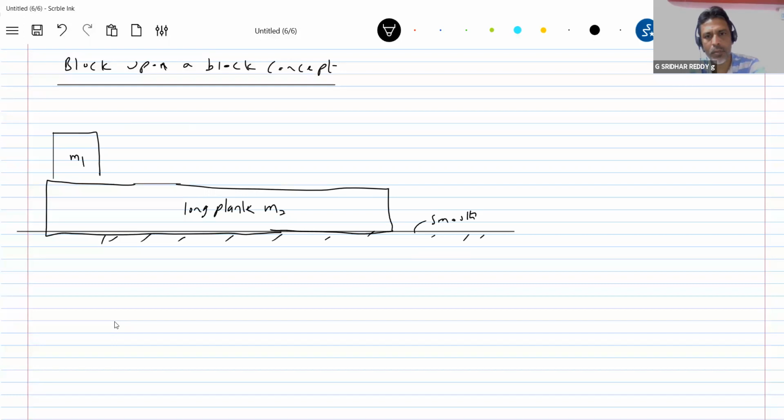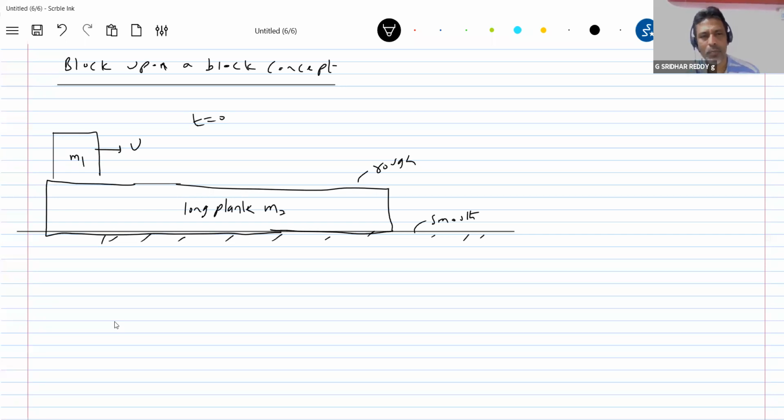Let this be smooth. Let this be rough. I'll give velocity to the block. So the rough surface has a coefficient of friction. After what time will the block come to rest on the plank, or after what time will both move together? These are the conditions. This is at t equal to 0.